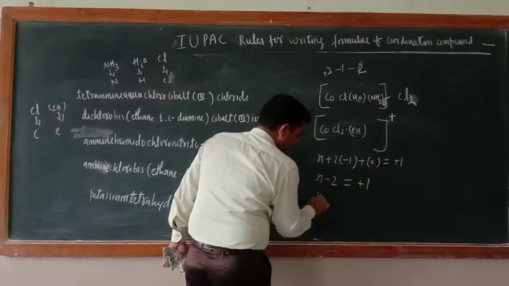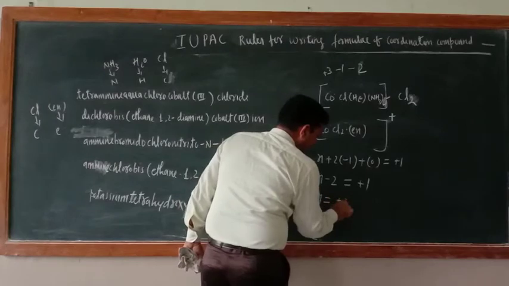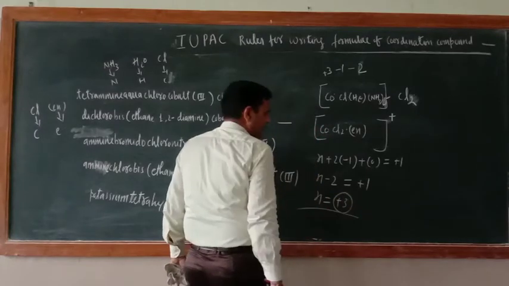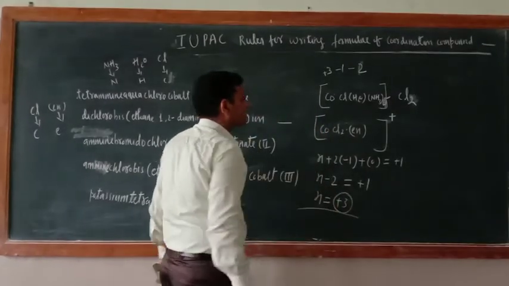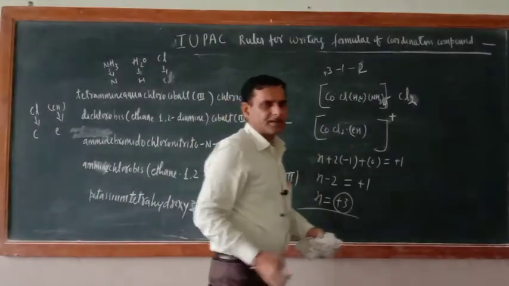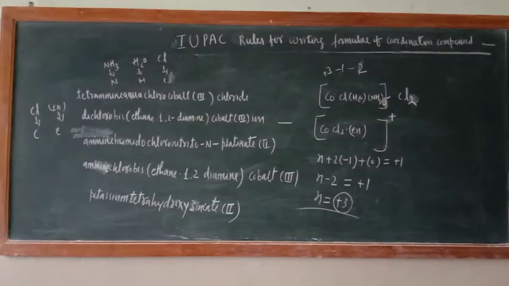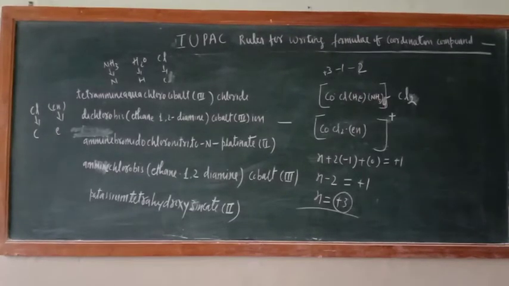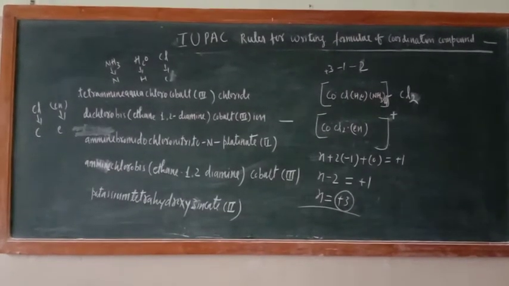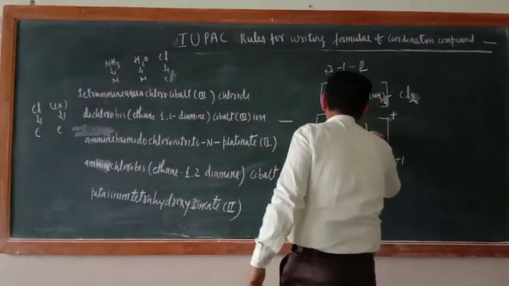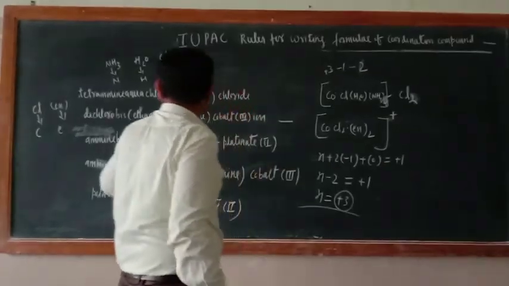So x equal to +3. Just check here. So the +1 charge would be there. Now charge can also be calculated. There is one more thing. This is written, that is why it is bis, twice. Over. This is also over.